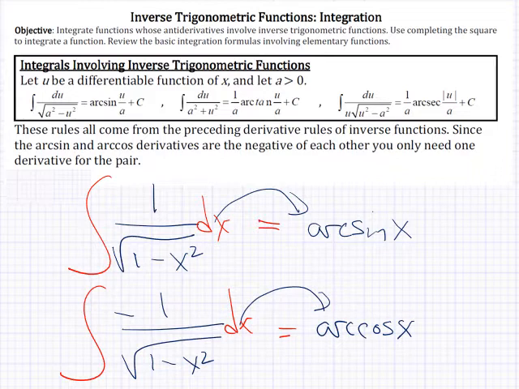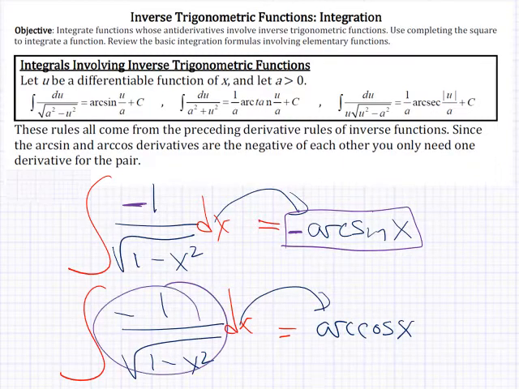However, if I looked at the negative arc sine, and I said, what's the derivative of the negative arc sine? Well, it should just be negative of this, which is exactly here.